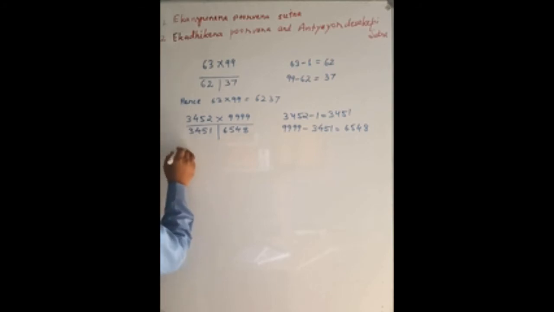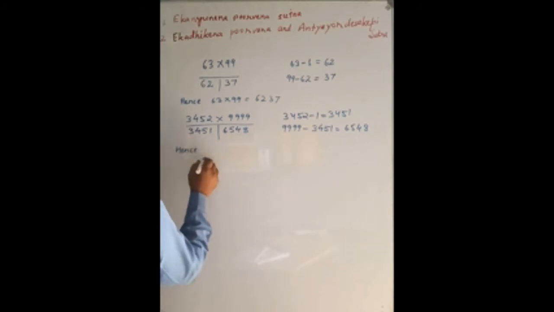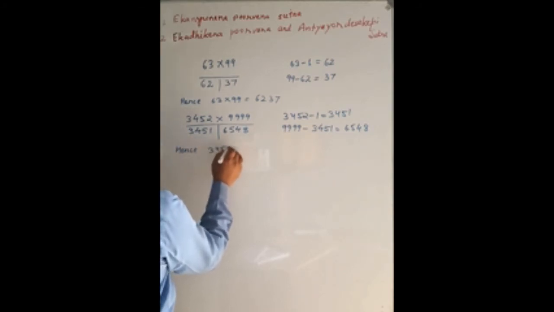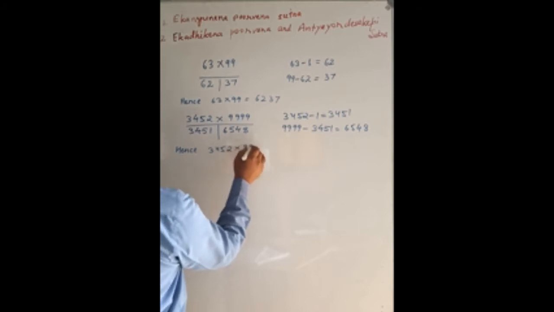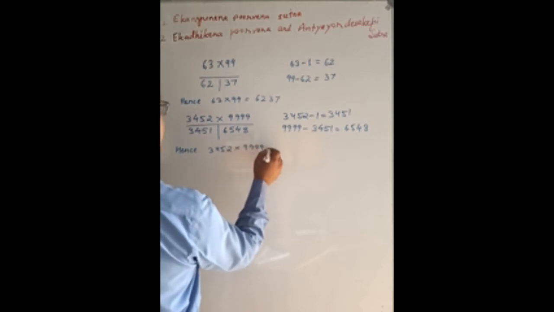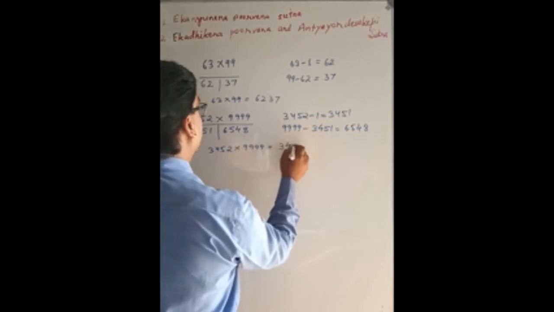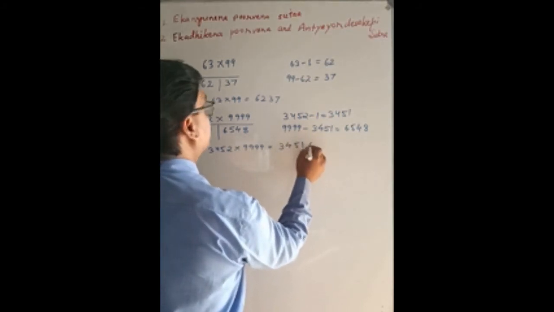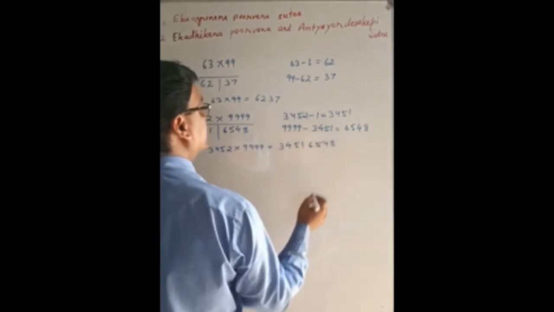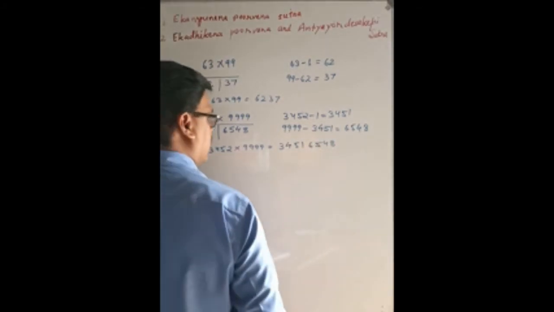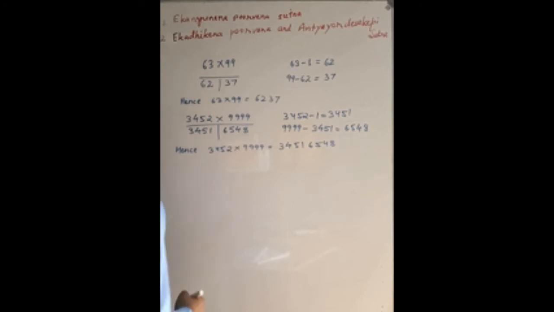Hence 3452 multiplied by 9999 is 34516548. We can easily multiply big numbers in one line.